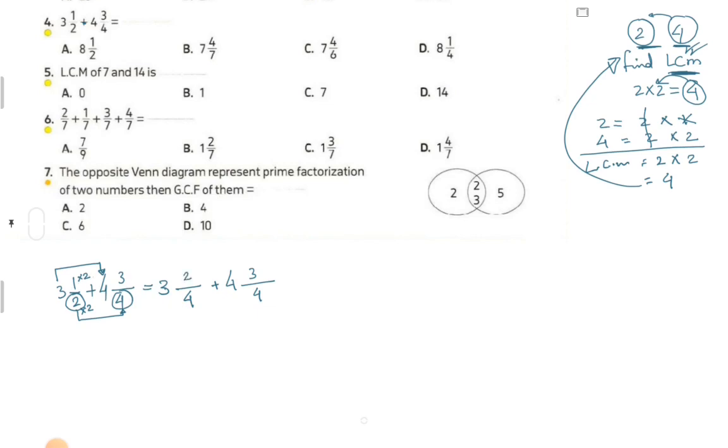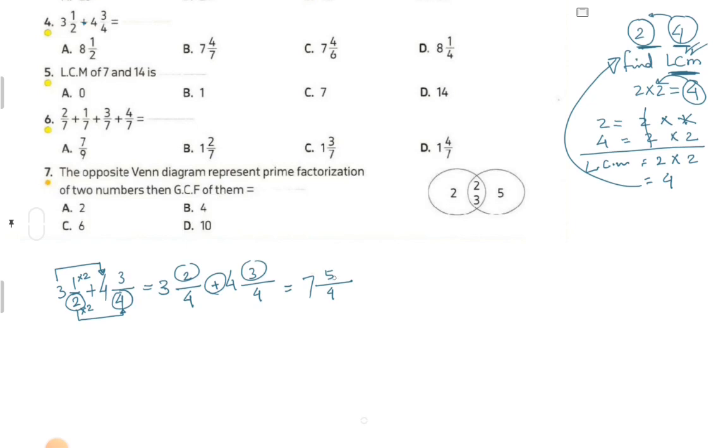Now I have two mixed numbers with fractions with like denominator, 4 and 4. I can do the addition. 3 plus 4 equals 7, and 2 plus 3 equals 5, and for the denominator I choose 4.